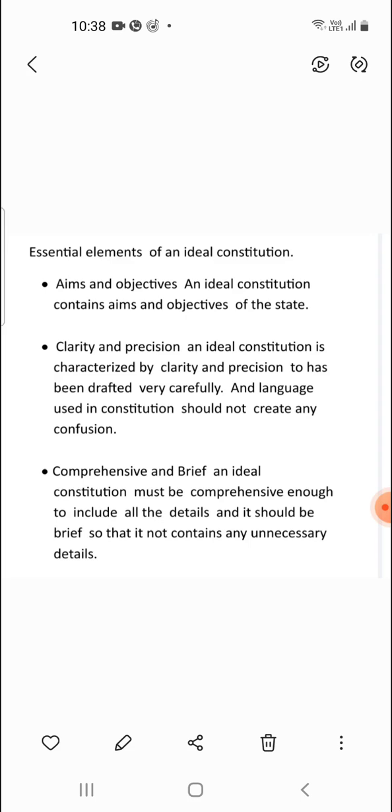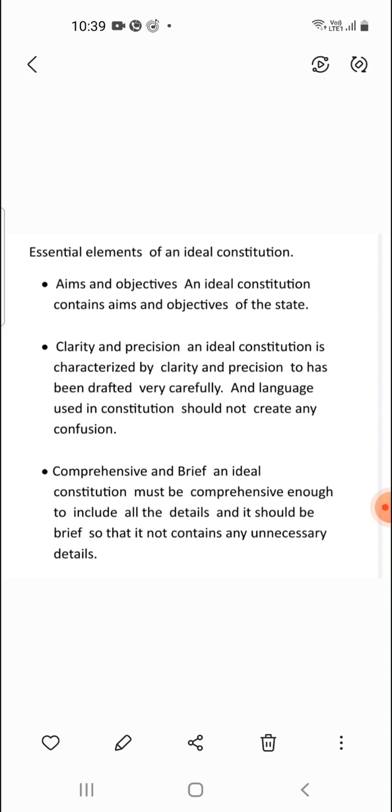Ensure the independence of the judiciary. An independent judiciary is essential for the success of democracy. The independence of the judiciary must also be granted by the constitution. It should be free from legislative and executive control, otherwise impartiality cannot be ensured. So, as you all know, there are three organs of the government.